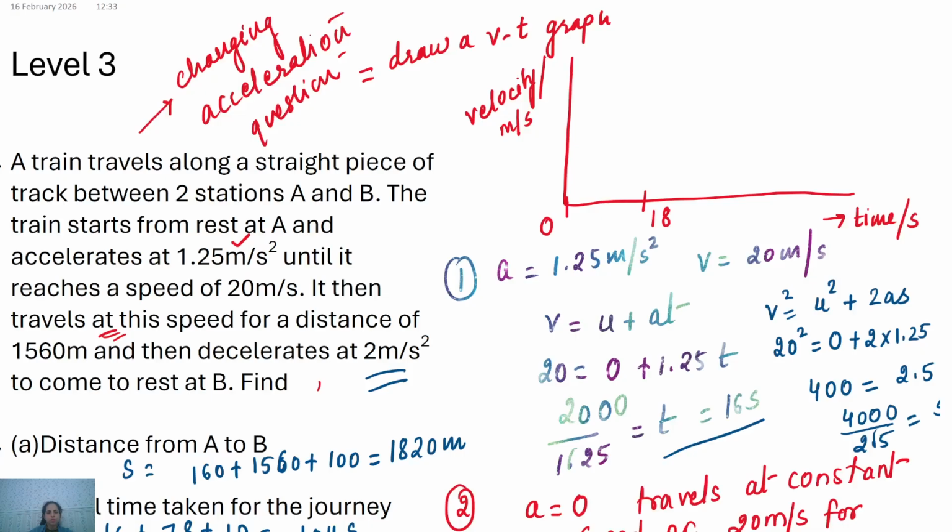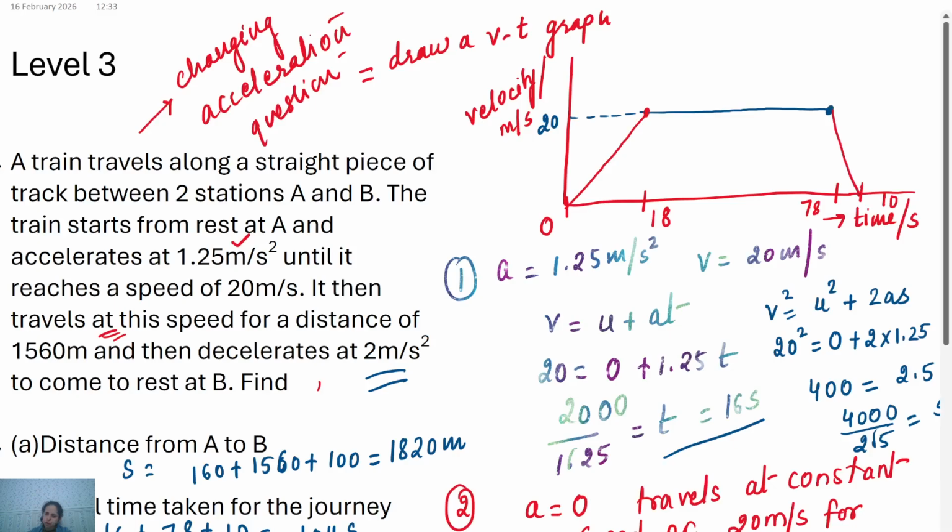So 78 is all the way here, and then 10 seconds. From 0 to 18 the speed is increasing, reaching a maximum value of 20 meters per second. After that, it moves at a constant speed till 78 seconds, and then it decelerates and stops in 10 seconds.